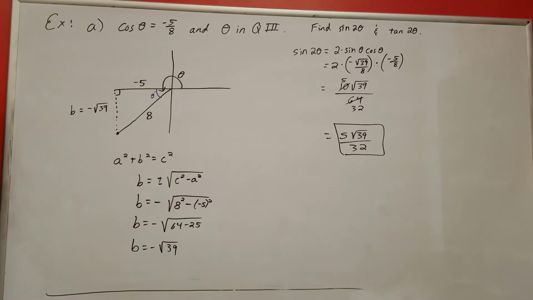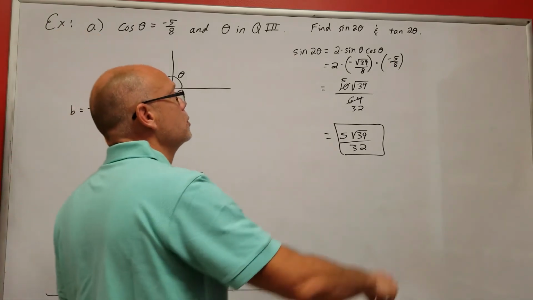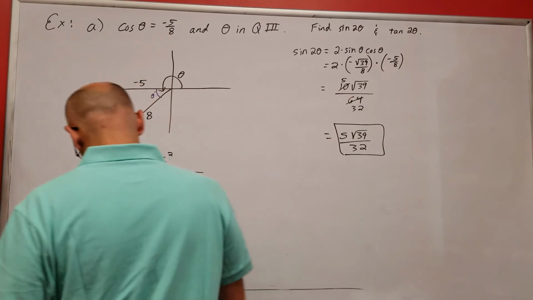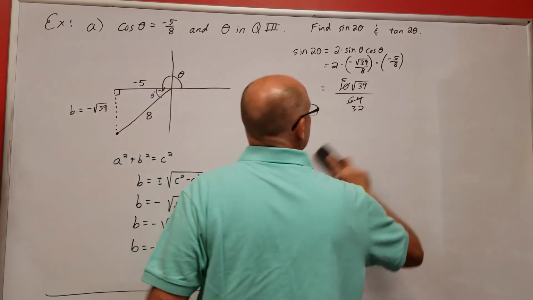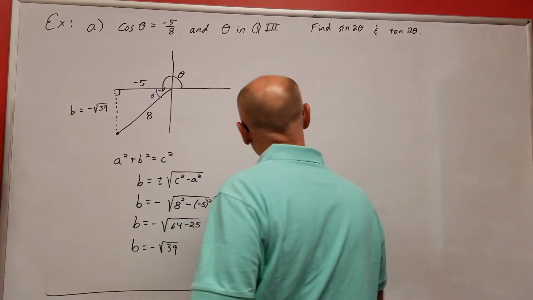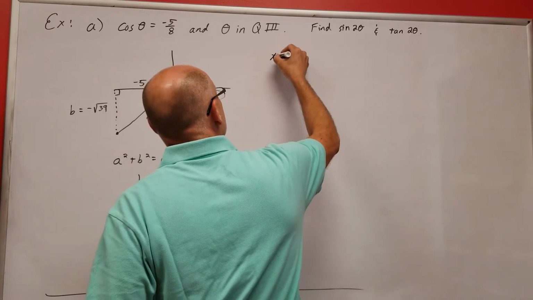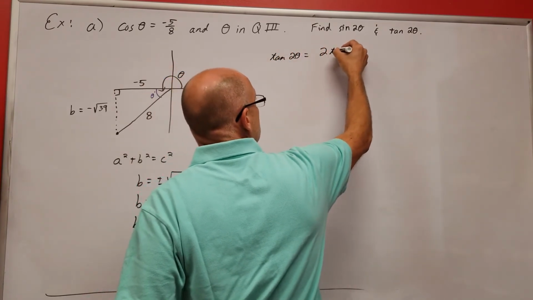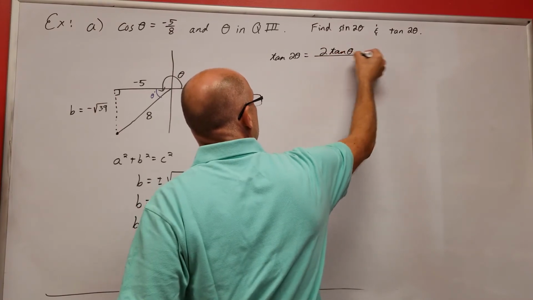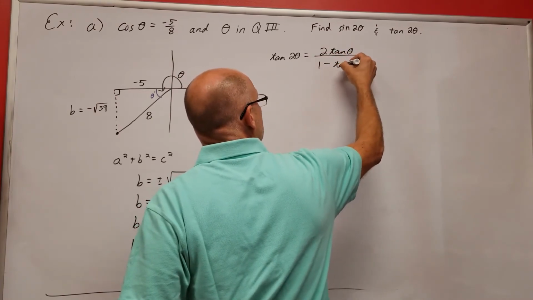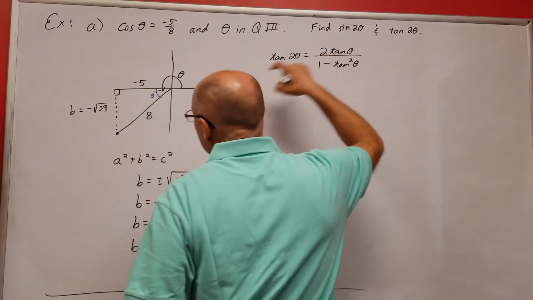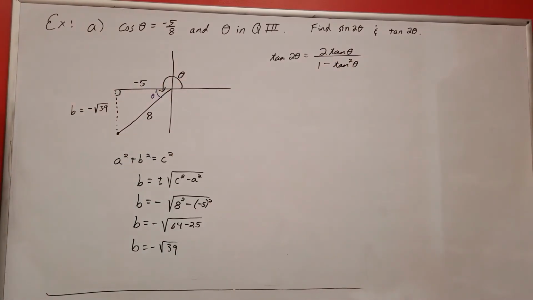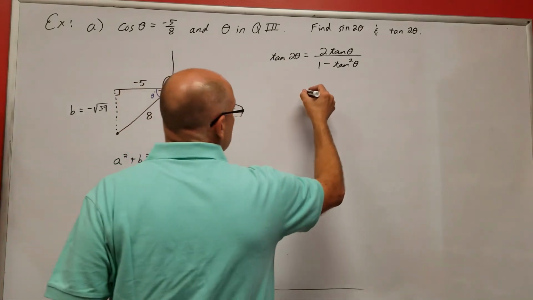Well, what else do I need to find here? I need to find the tangent of 2 times theta. What is the tangent of 2 times theta? That's 2 times the tangent of theta over 1 minus the tangent of theta squared, according to those formulas we had on the board. Let's fill in here.